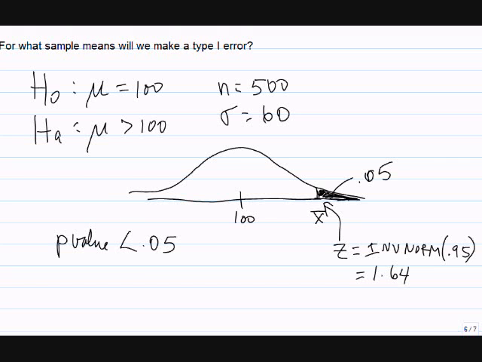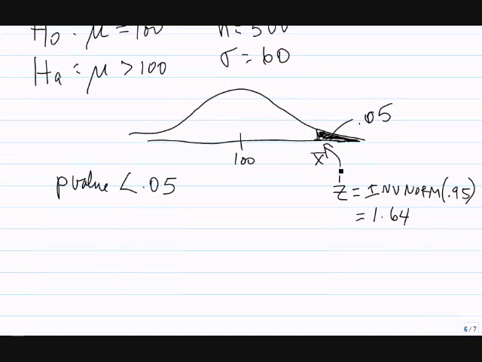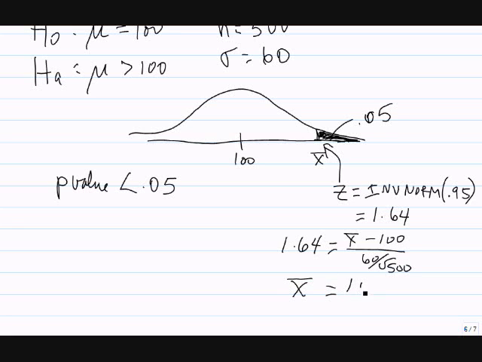Now to find out that critical actual mean and not just a z, I use my formula: z equals my sample mean minus my hypothesized mean, divided by my standard deviation divided by the square root of my sample size. If you work that out, that comes out to be 104.4.